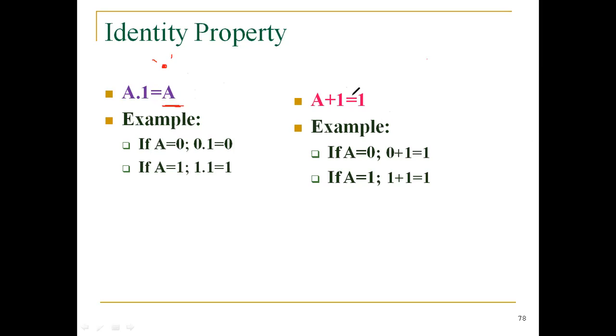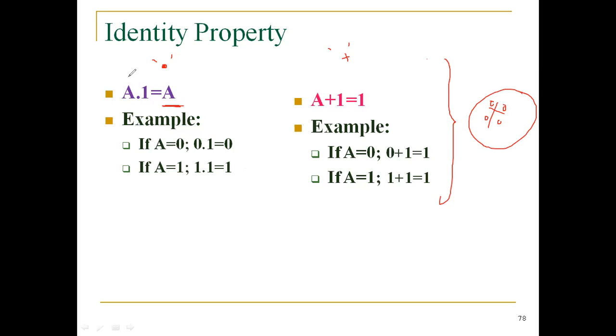Very basic. Then anything is added with 1, the result is equal to 1 in the plus operator. So based upon this, it is a very important thing. You can apply these postulates or properties while doing any reduction. We will see some examples in future slides.